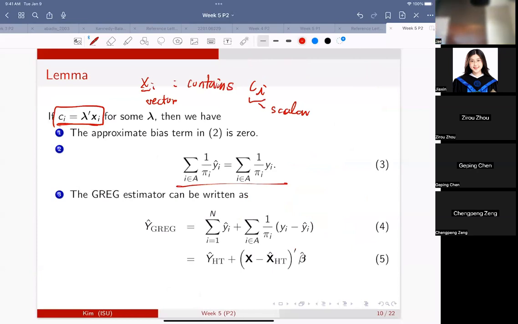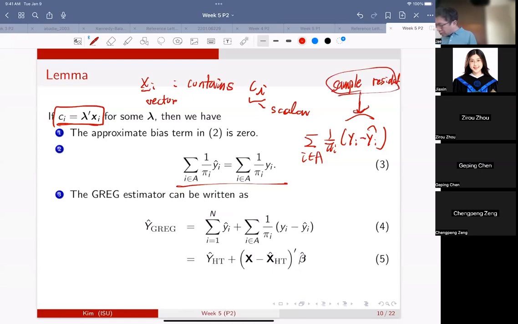So in the Horvitz-Thompson weighted form, this is the sample version of the residual, and the sample residual applied with the Horvitz-Thompson weight will be 0. So basically this condition implies two things: first, the sample version, and another one, the population version.